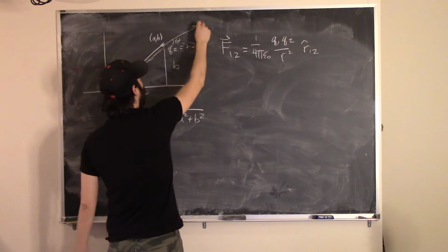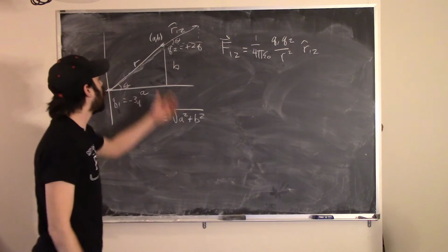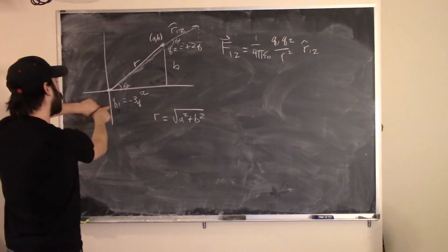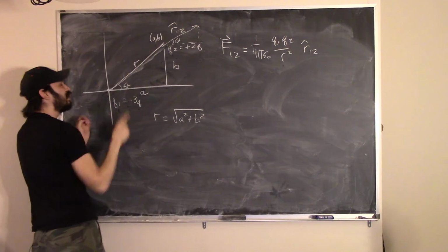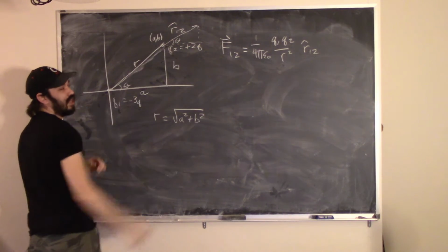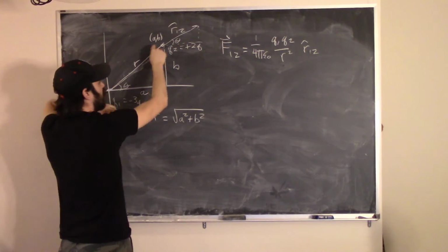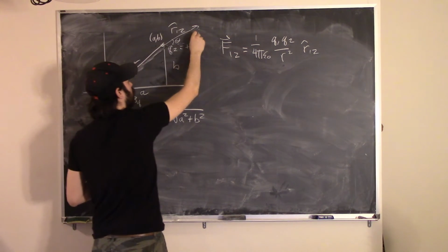What I'm doing here is drawing what R hat 1,2 is, because R hat 1,2 is the unit vector that points from Q1 to Q2. That's just going to be something that points like this, and I want to draw that into this diagram. The way I typically choose to draw that is to extend this line and then make a triangle right here.